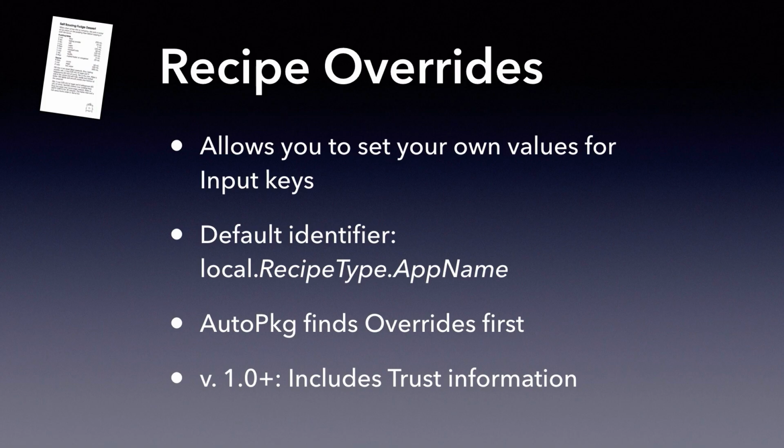So let's go back to the demo with trust enabled and create an override. Now you could create an override with AutoPkg, like you saw with the command, and the one in AutoPkg has a benefit in that you can actually change that identifier. When you go create override, it actually prompts you what identifier you want to use.